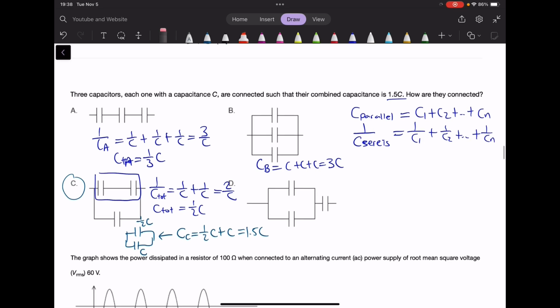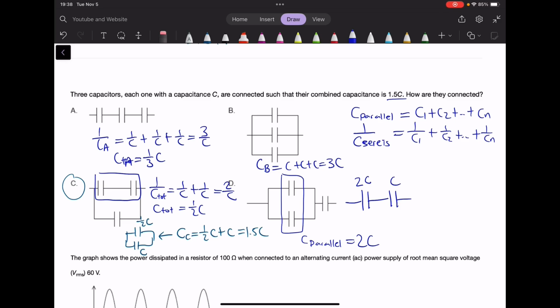So we have 2 capacitors connected in parallel here. So the total capacitance is equal to 2C. Then the circuit simplifies to something like this, where 2 capacitors are connected in series.